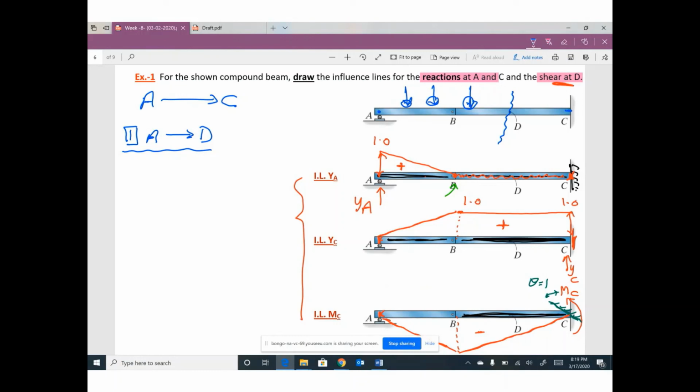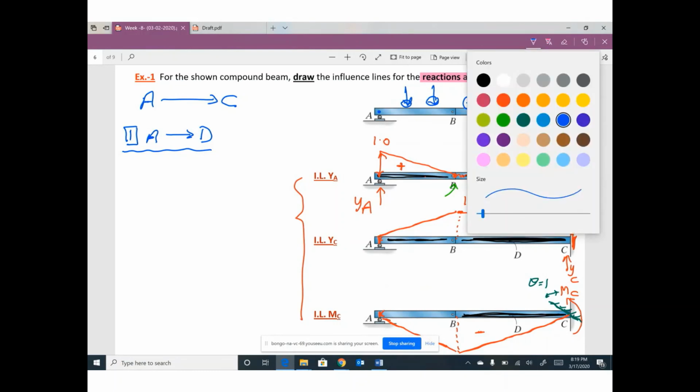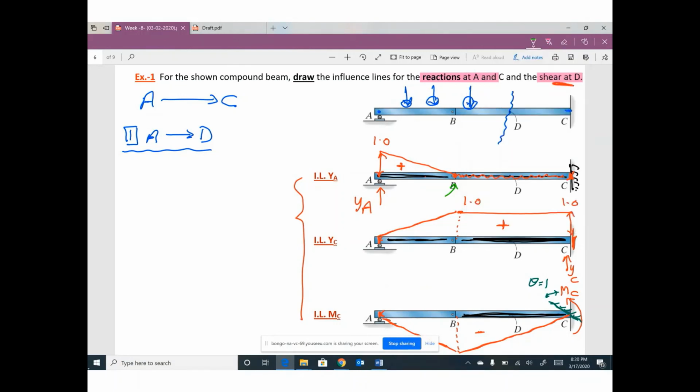I will do my cut and I hit my unit load. So I will use the right part. What is the free body diagram? Your free body diagram looks like this. Here is the cut. At this location, we have reaction YC.